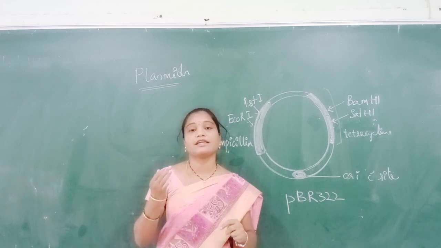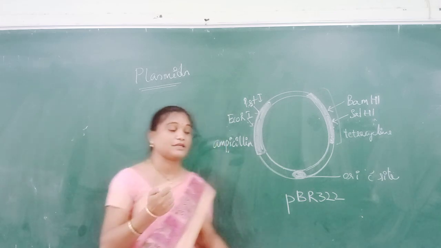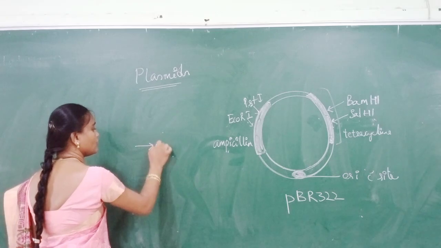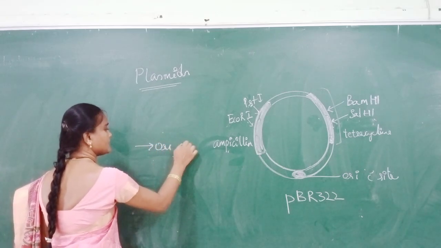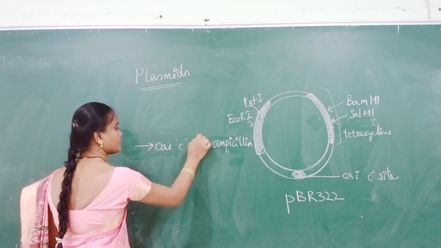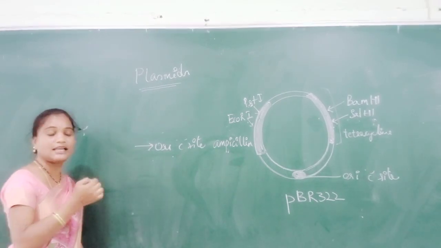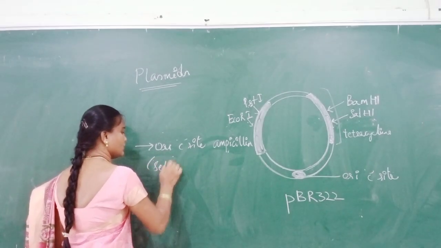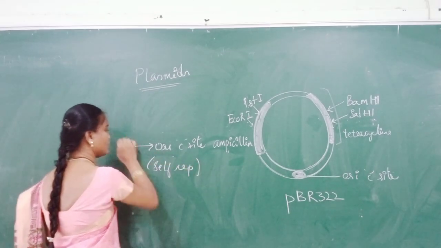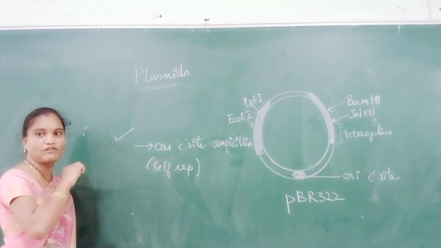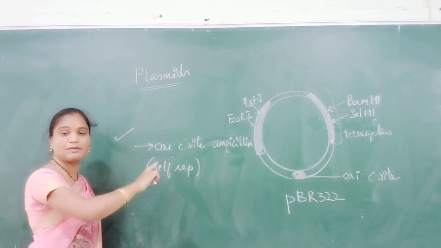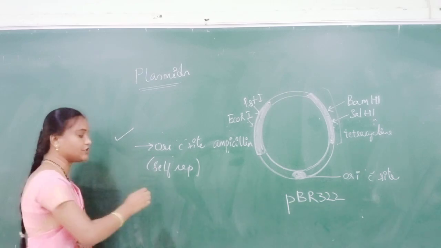Initially it must have a self-replicating property, that is the presence of the ori site, the origin of replication, which is used for self-replication. This should be maintained in your vector, and the same thing should be maintained in pBR322 also.